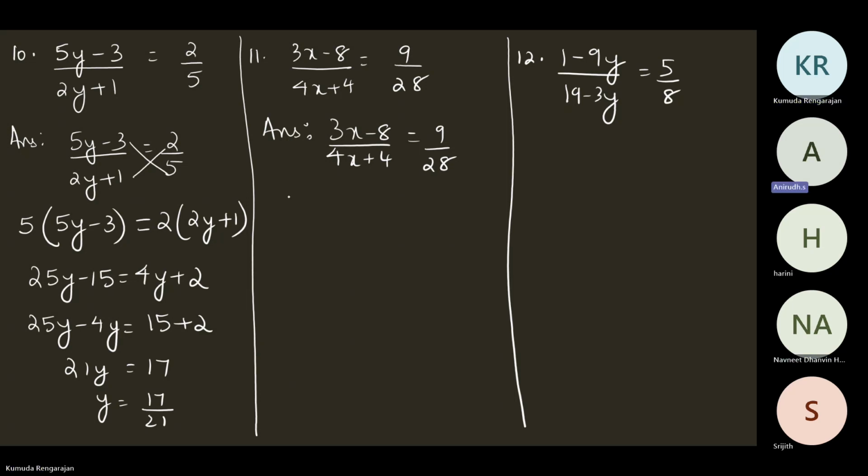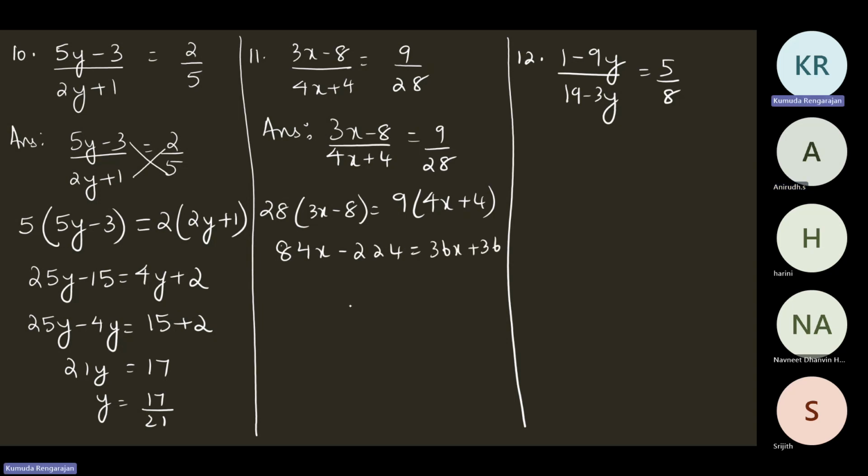28 into 3x minus 8 is equal to 9 into 4x plus 4. 84x minus 224 is equal to 36x plus 36. Transpose.